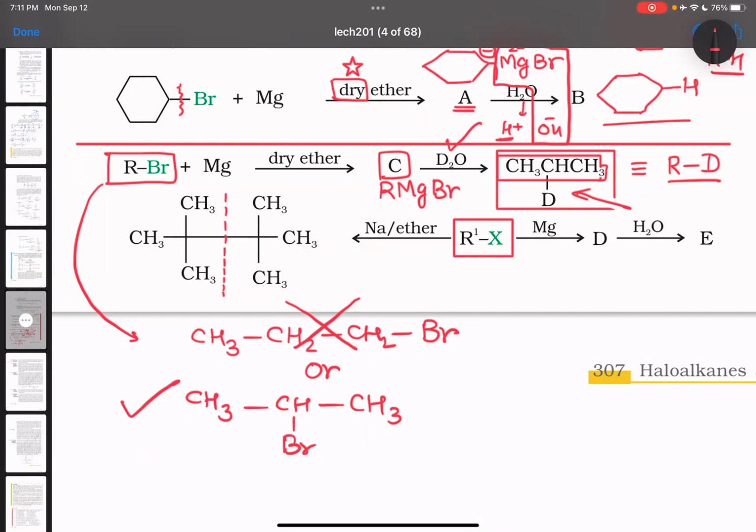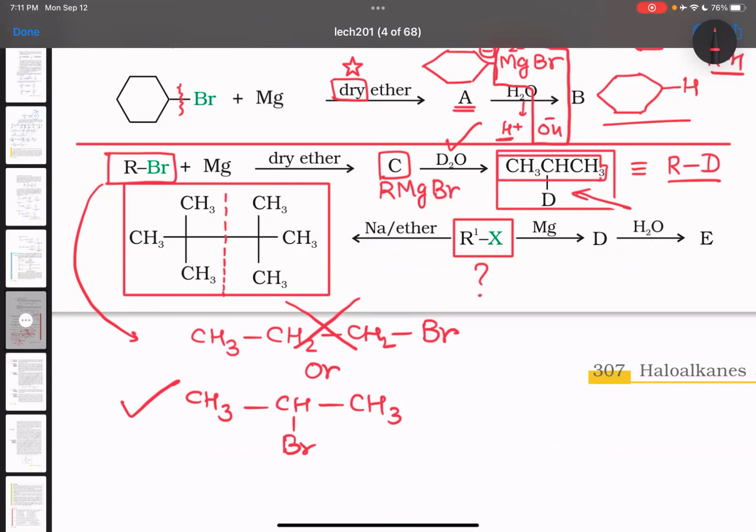So if the final alkane is given and the original alkyl halide is not given, then our question is which alkyl halide is taken here. That is not given, but indirectly they are telling you by giving the final answer. By looking at the final answer, you need to cut it into two halves, because in Wurtz it gets doubled, and where you cut it, put the halogen.